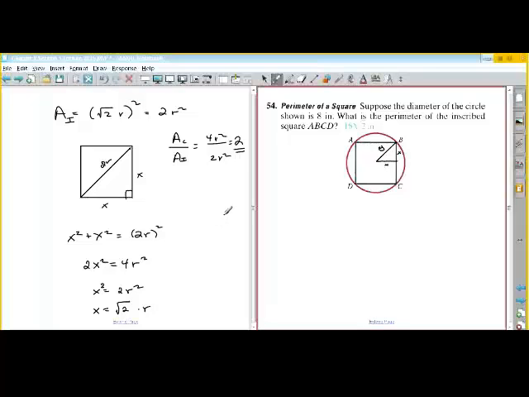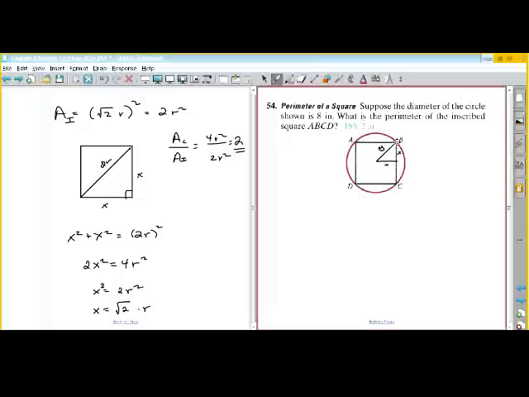This is 8. This would be x, and this would be x, because this is a square, so this half of the side is going to be the same as half the distance here. So I could use the Pythagorean theorem like I did here and calculate x.